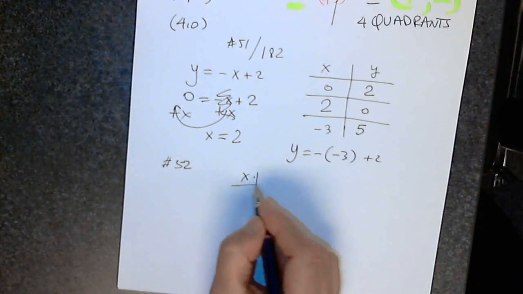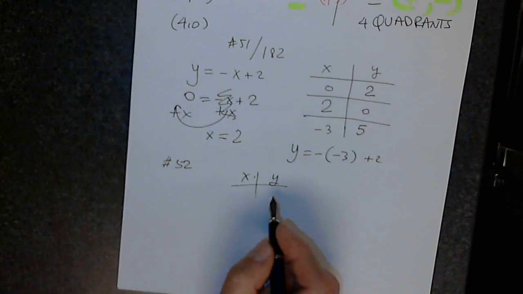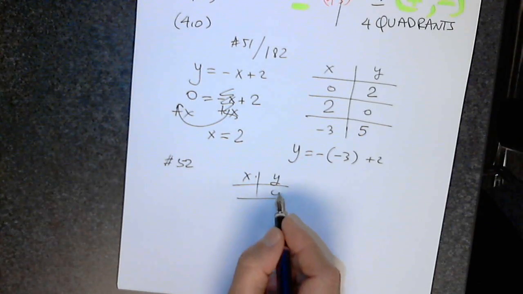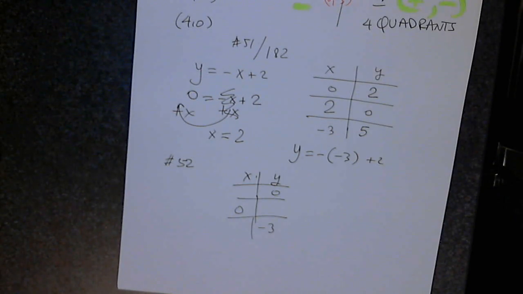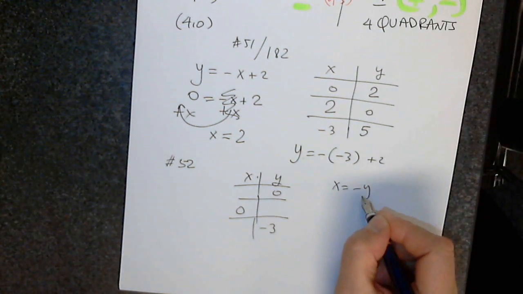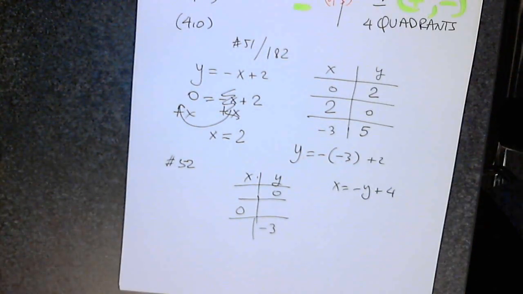So we have X and Y, and they give us 0 here, 0 here, and -3 here. Perfect. And the equation we are given is X equals -Y plus 4. Ready?